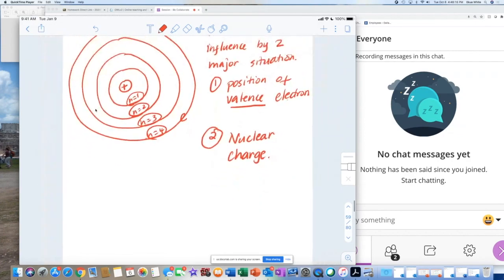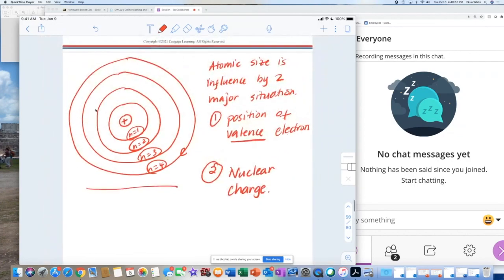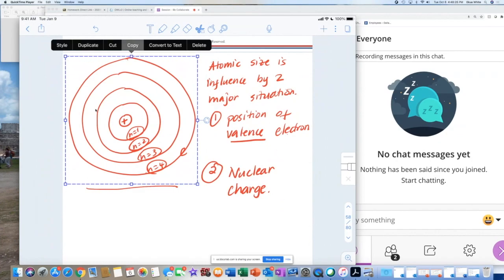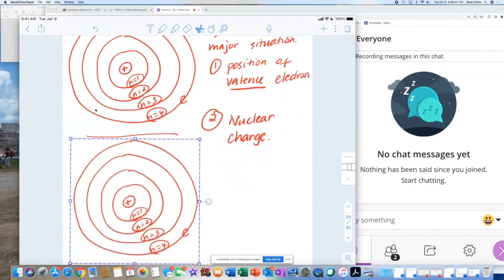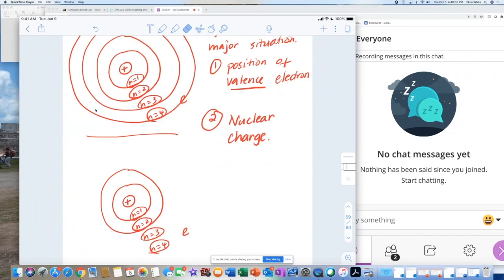Imagine you have an atom that is this big. Or you have another atom. Let me see if I can copy this. So imagine we're comparing these two atoms, the top one and the bottom one. On the top one, your valence electron, your outermost electron, is in energy level 4. On the bottom one, your outermost electron is in energy level 2.